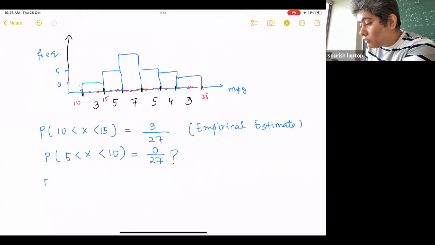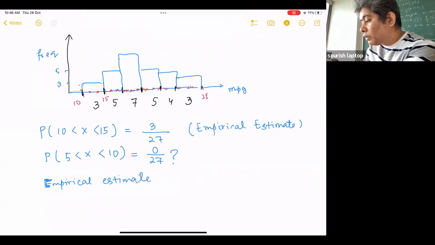If you just use empirical estimates, these estimates have some limitations.